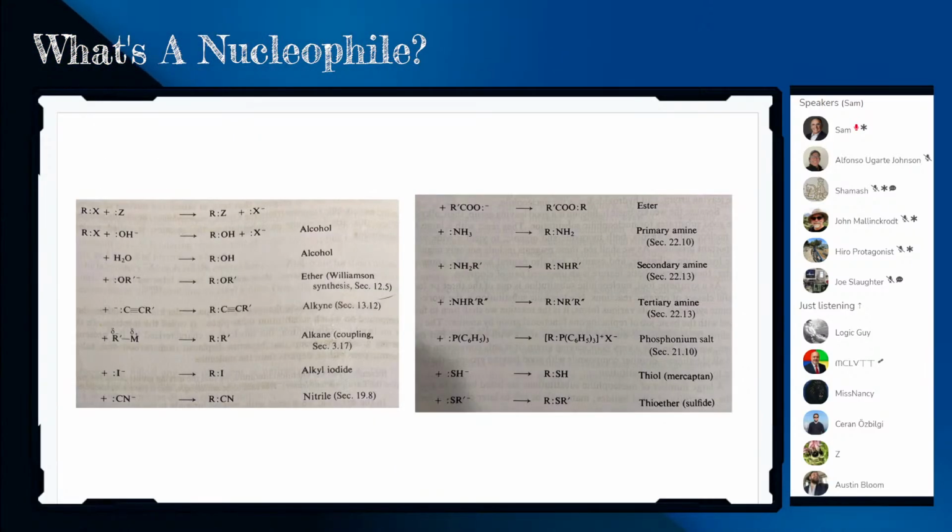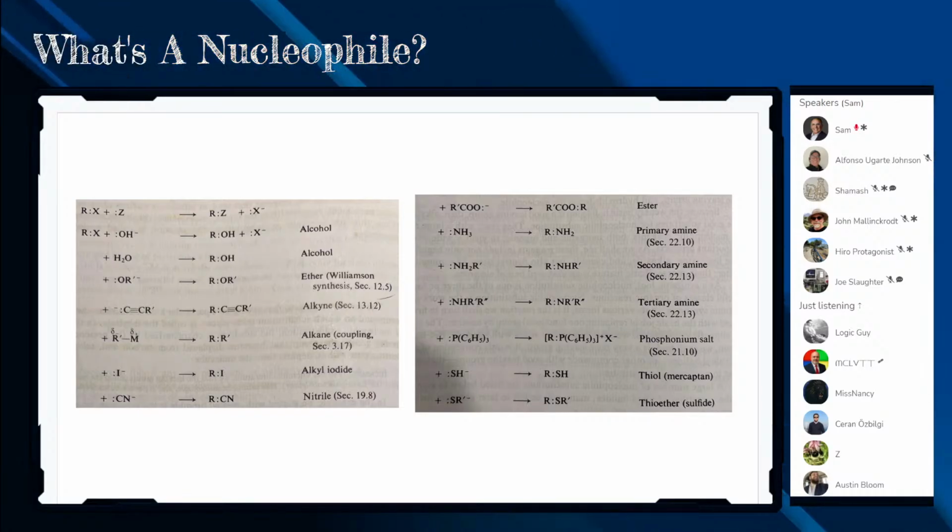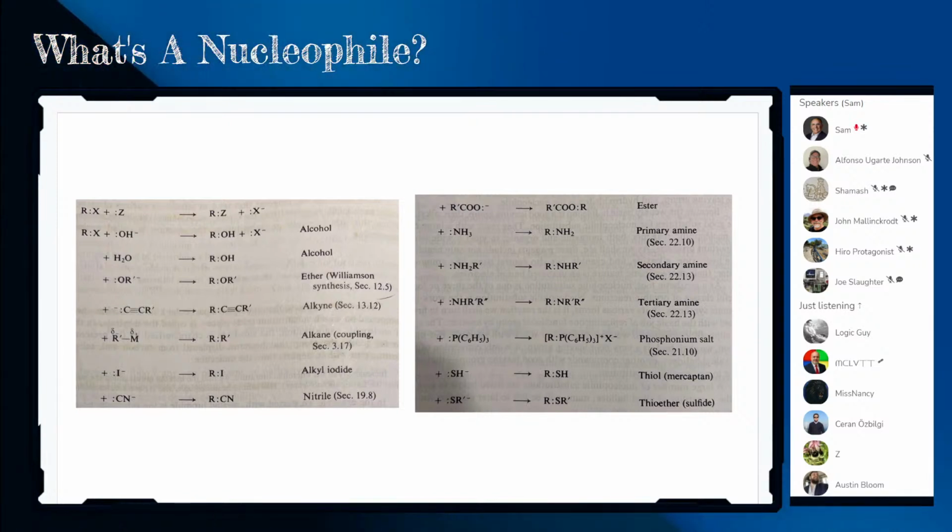And then if we look at slide 11, we'll see basically how many different reactions, and this is just a small sampling of the type of reactions that you can do with nucleophilic substitutions.